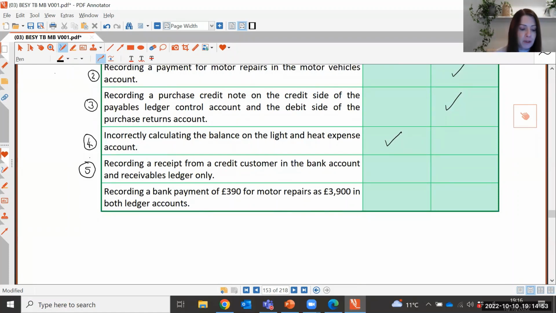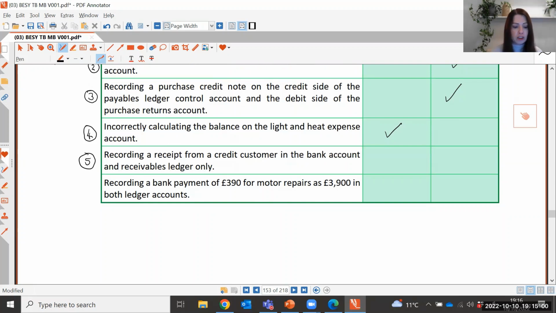And then number 5, recording a receipt from a credit customer in the bank account and receivables ledger only. So they've recorded money received from the credit customer, they've recorded it into the bank account, and they've recorded it into the customer's individual account within the receivables ledger, the subsidiary ledger, but they haven't entered it into this receivables ledger control account in the general ledger.